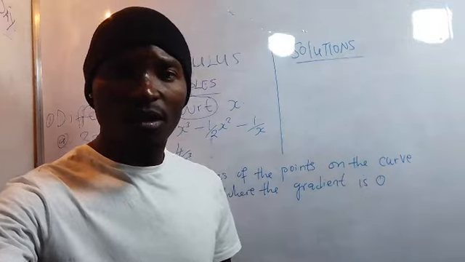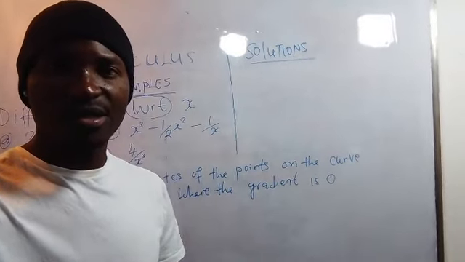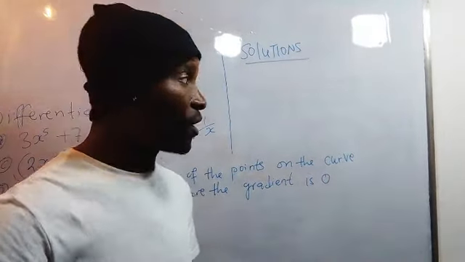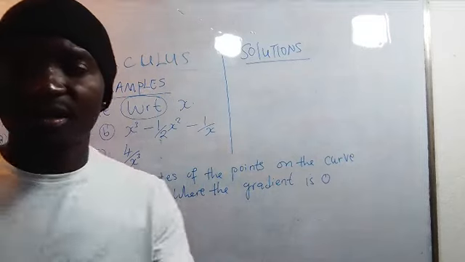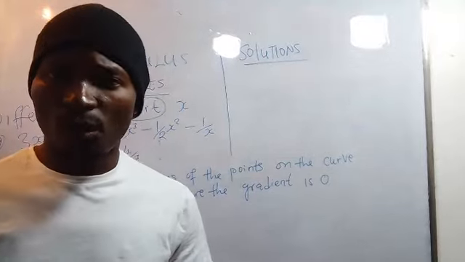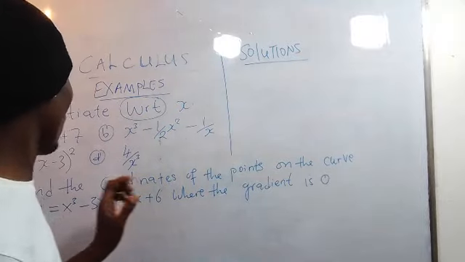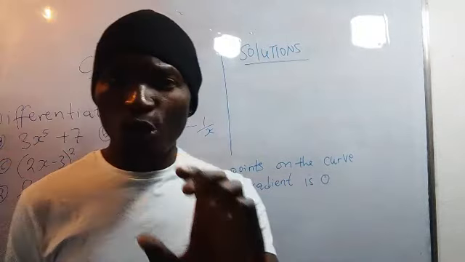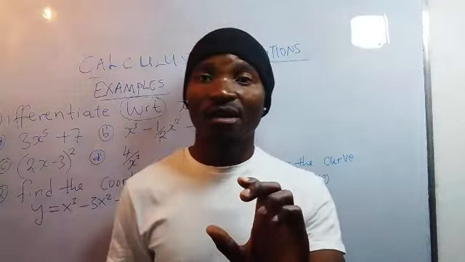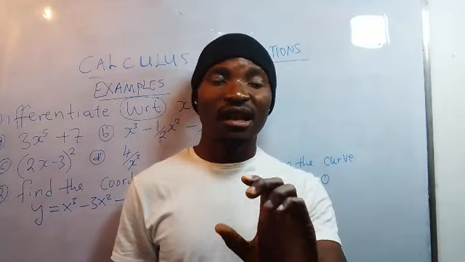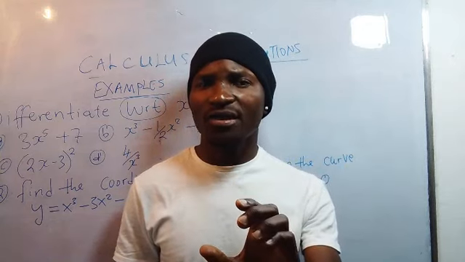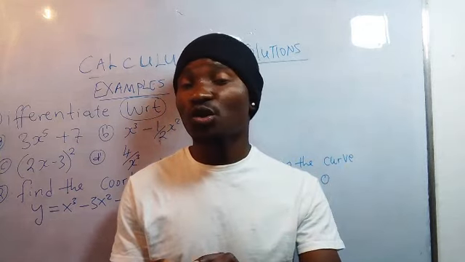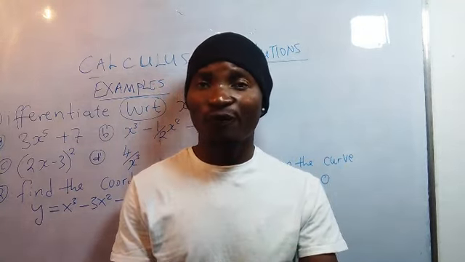So we're going to start with the first question, which is A. What I want us to understand is, first of all, when you are differentiating any function or polynomial, there are certain fundamentals or rules that we normally follow.